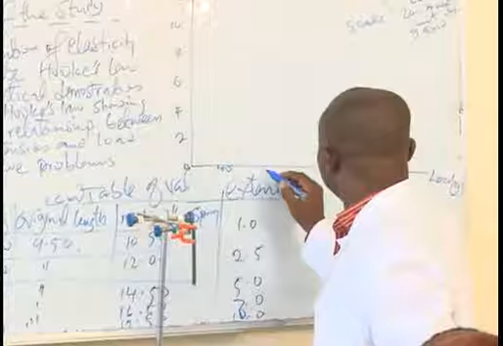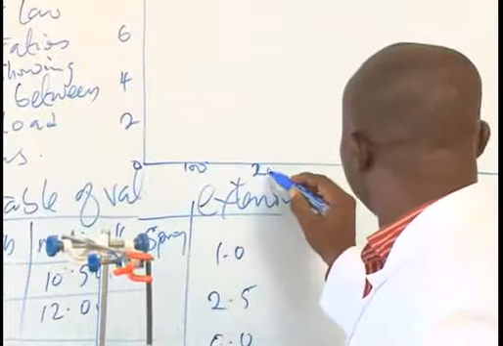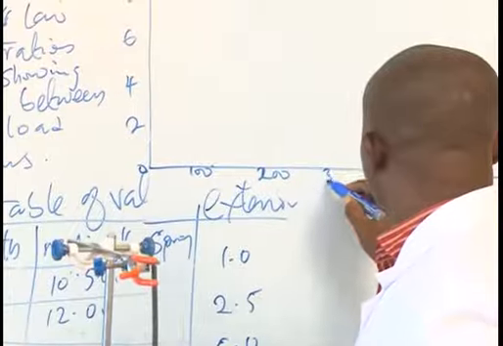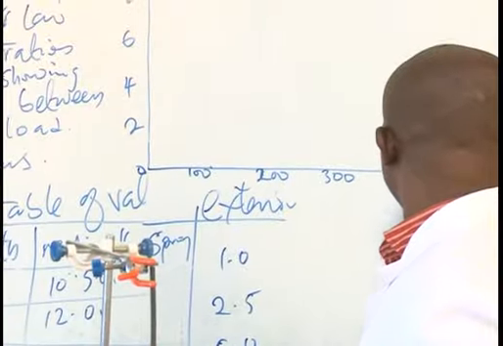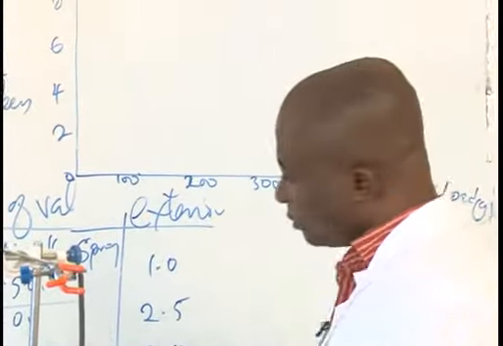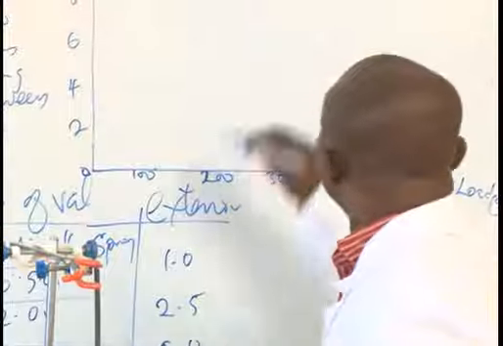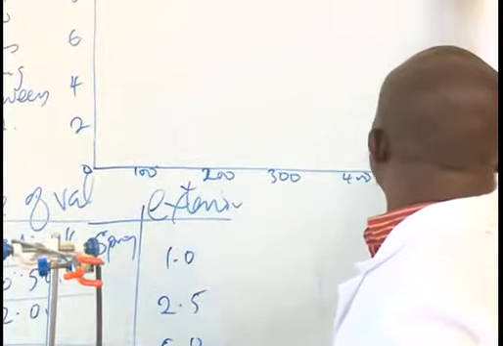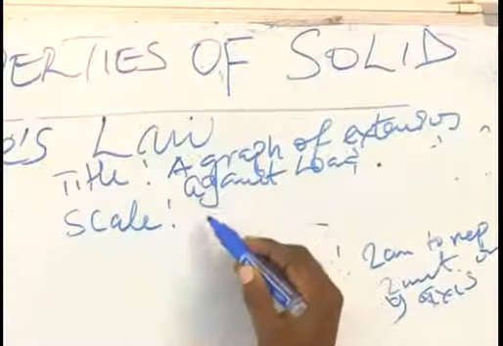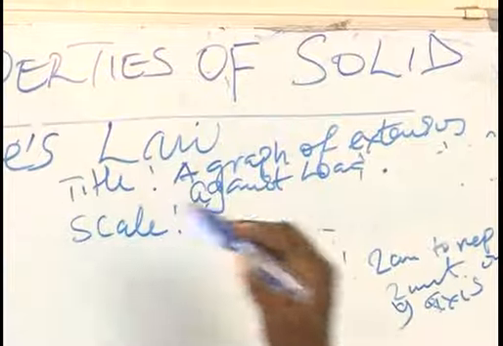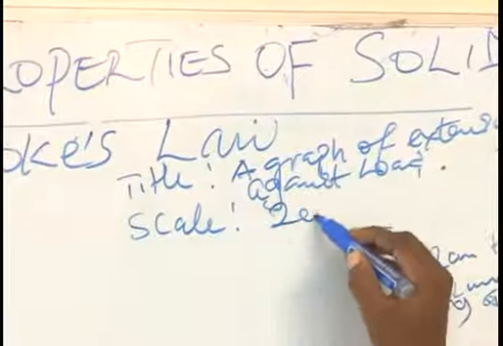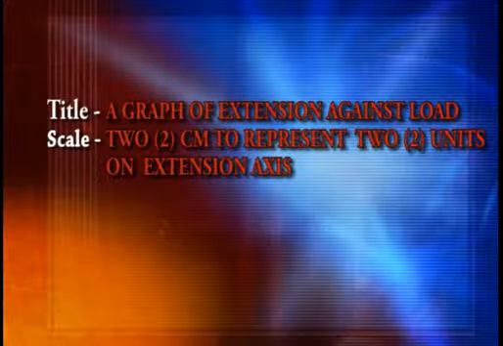And then from here to here is what? 200. From here is what? 300, 400, 500. Good. Now, remember, I said the title is what? A graph of extension against load. Scale. We say the scale on the y-axis, or extension axis, is what? 2 centimeter to represent what?